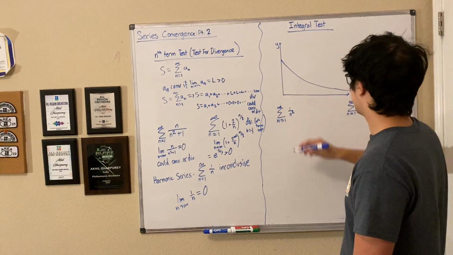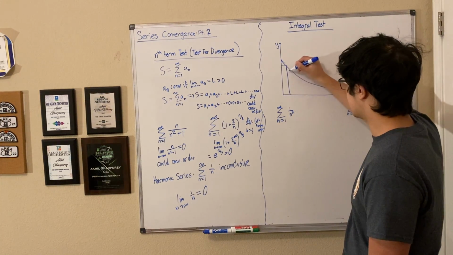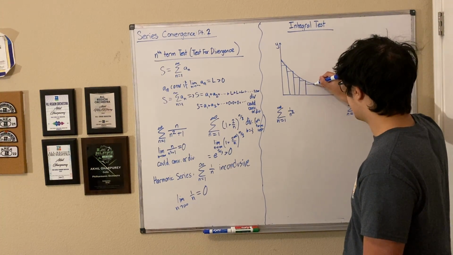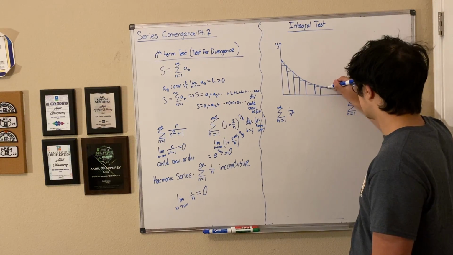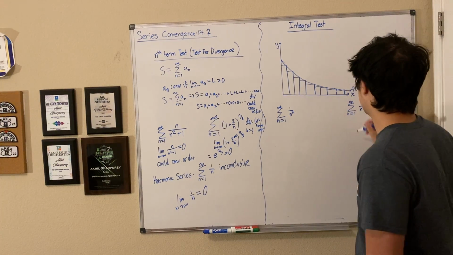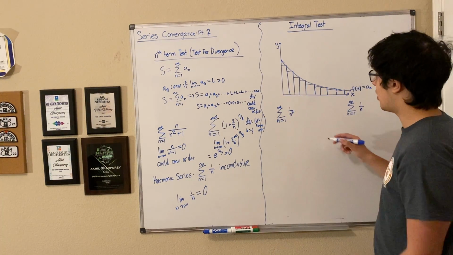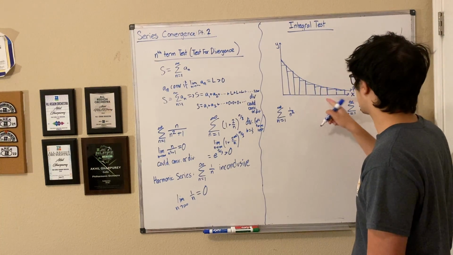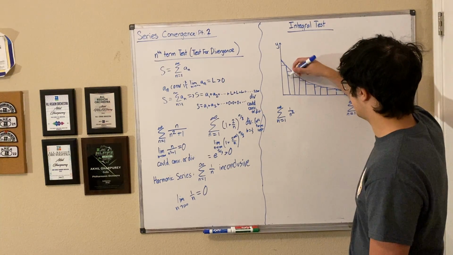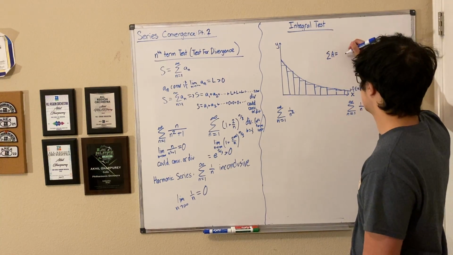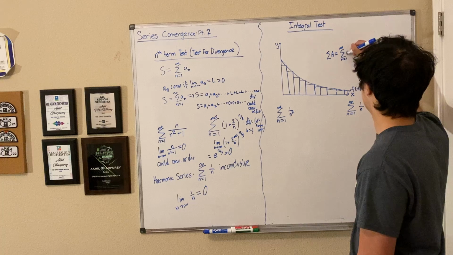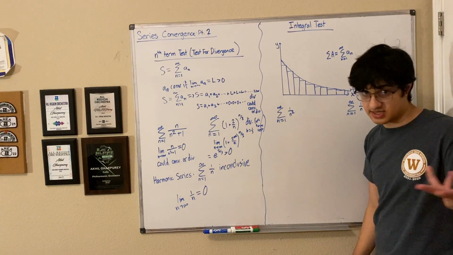So if we draw in the rectangles that we're approximating, you'll see that if we add up all of these areas, and of course this isn't exactly perfect, then this is pretty much the same thing as this series right here. So the sum of all the areas is pretty much equal to the sum from, let's say, 1 to infinity of a sub n. That is, again, the same thing.